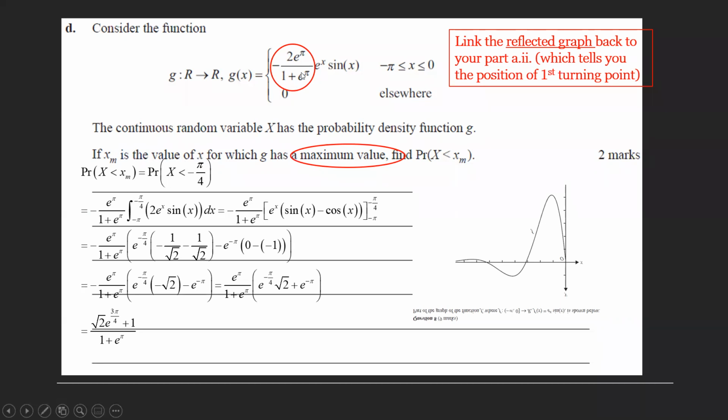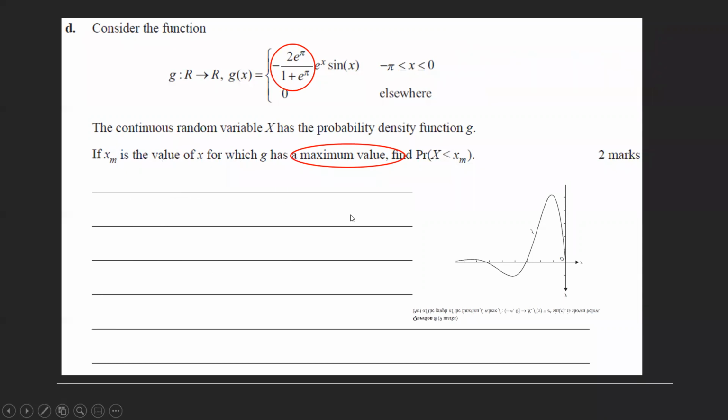Now, I take out minus e^π over 1 plus e^π and leave the 2 inside the integral. I know the lower bound must not exceed minus π. So from minus π to minus π over 4. Anti-deriving that, oh, it's exactly 2e^x sin x. So I can use the relation I just derived. I've just shown the antiderivative must be e^x sin x minus cos x.